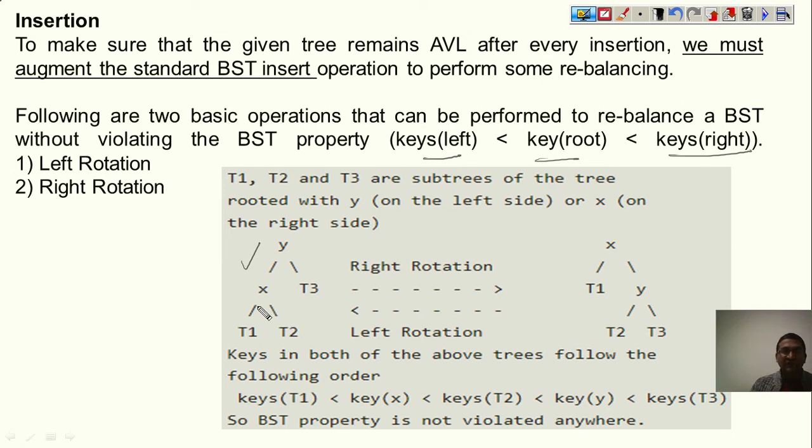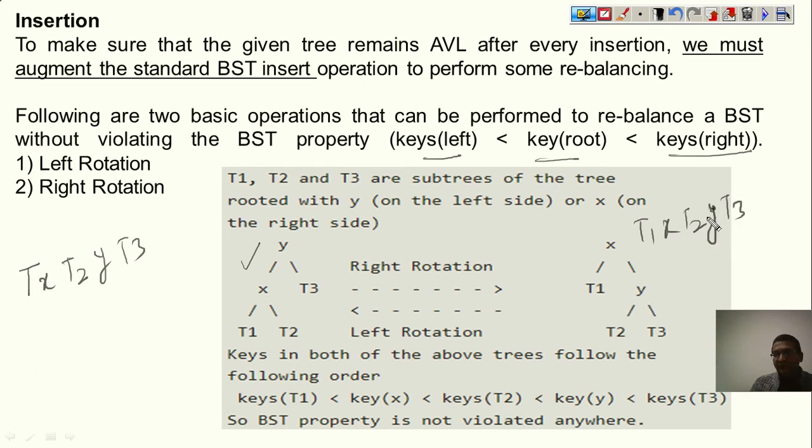So if I do the in order traversal here, we get T1, X, T2, Y, T3. This is the in order traversal of this tree. Now again, if I do the in order traversal of the other tree, you get T1, X, then you go to the right, then left, T2, then Y and T3.